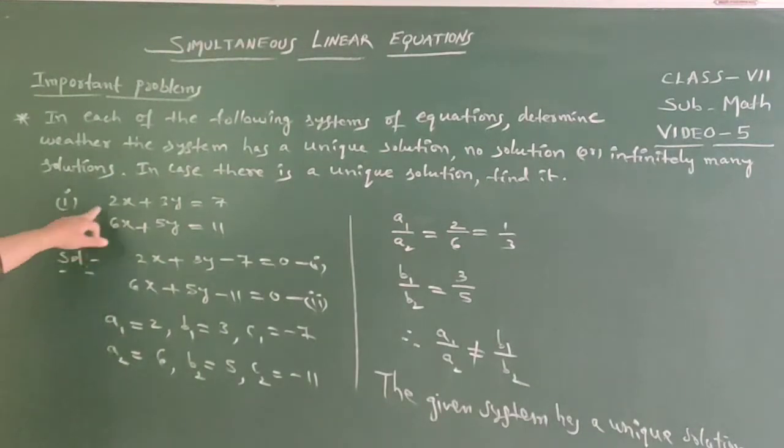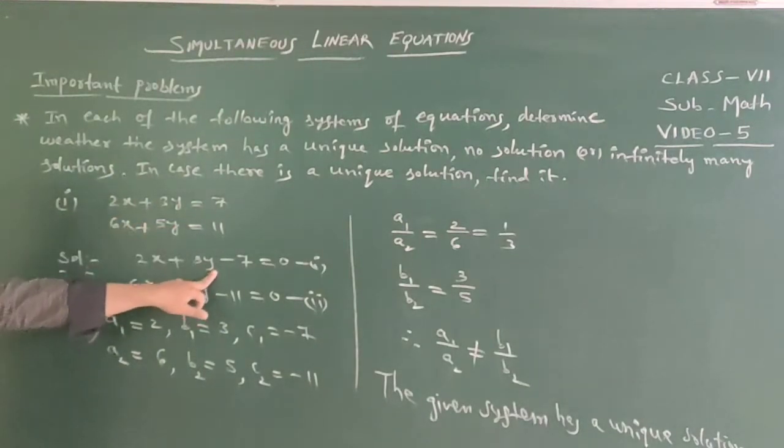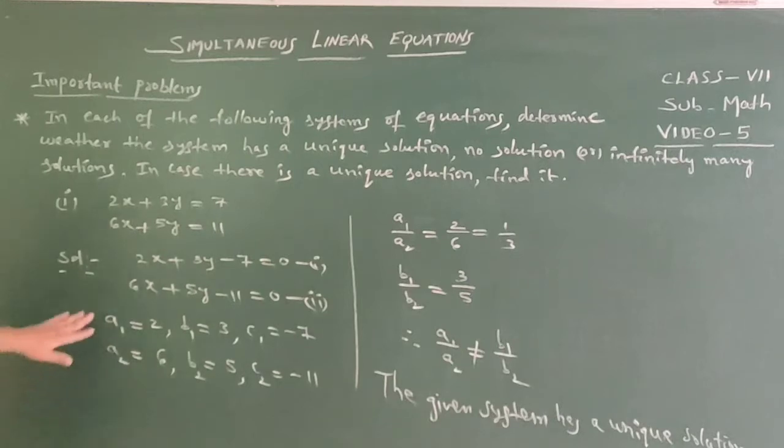Now here 2x plus 3y minus 7 equal to 0, because the system is in the form of a1x plus b1y plus c1 equal to 0 and a2x plus b2y plus c2 equal to 0. By comparing with those equations, a1 equal to 2, b1 equal to 3, c1 equal to minus 7, a2 equal to 6, b2 equal to 5, c2 equal to minus 11. Now a1 by a2 equal to 2 by 6, b1 by b2 equal to 3 by 5. Here a1 by a2 is not equal to b1 by b2.